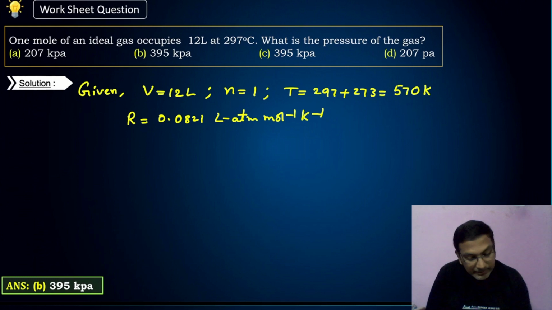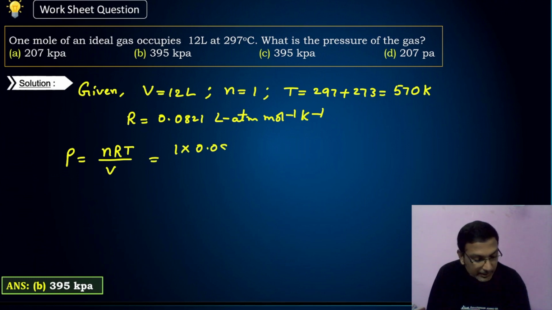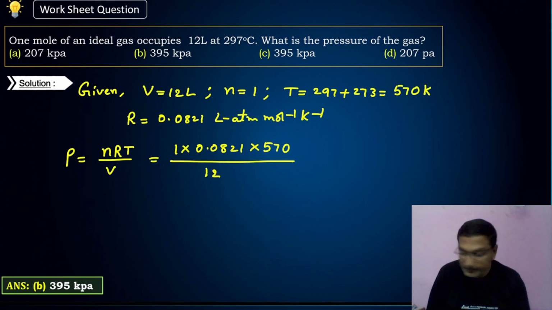From the ideal gas equation, pressure P equals nRT by V. So n is 1, R is 0.0821, temperature 570, volume 12. We get 38.99 atmospheres.